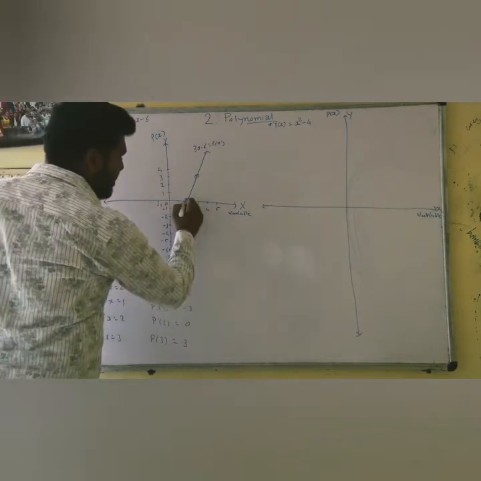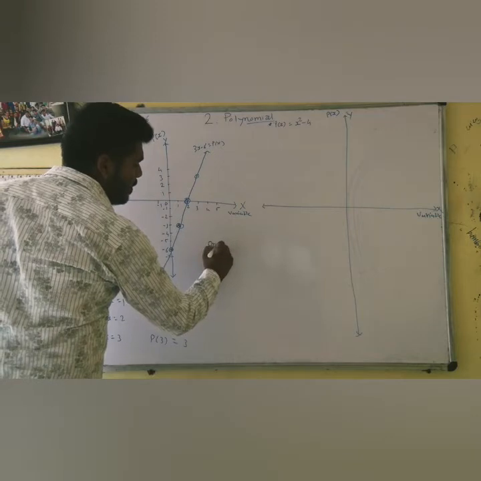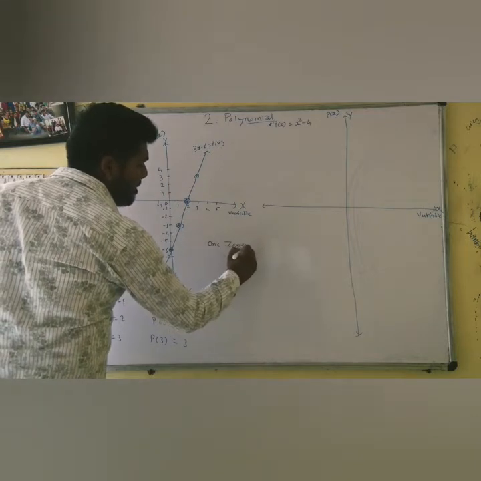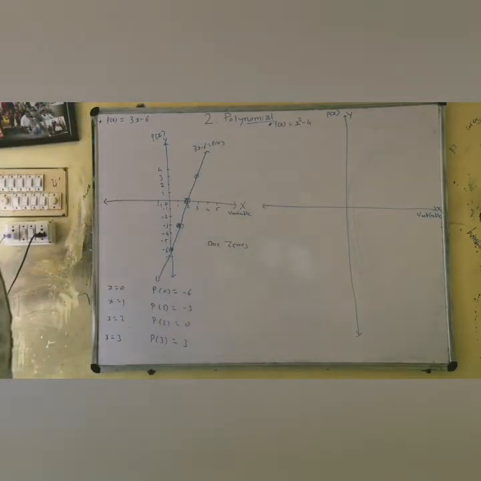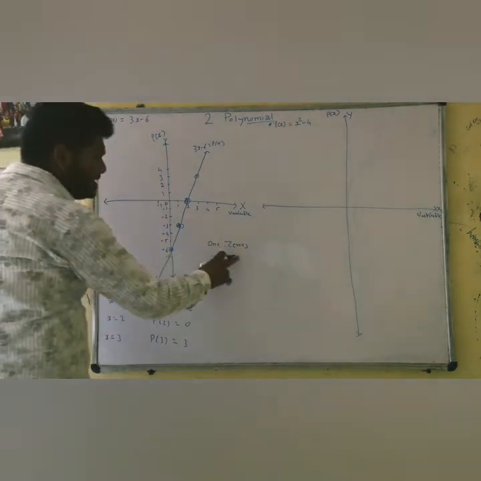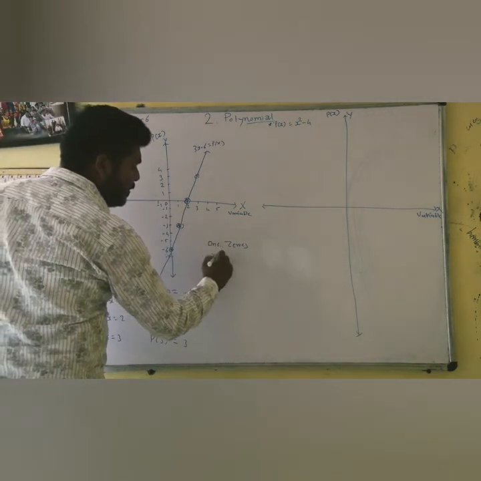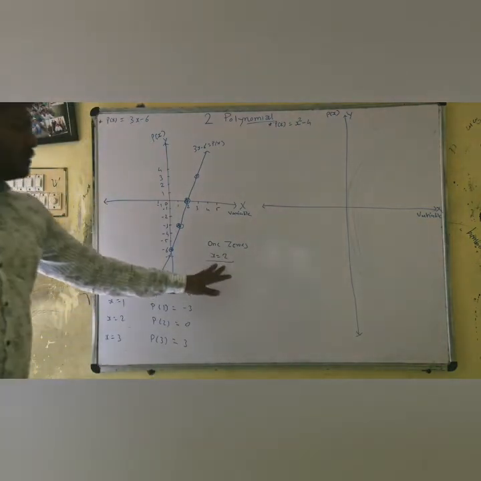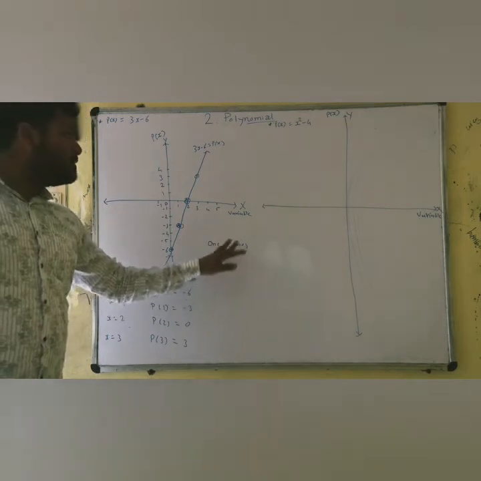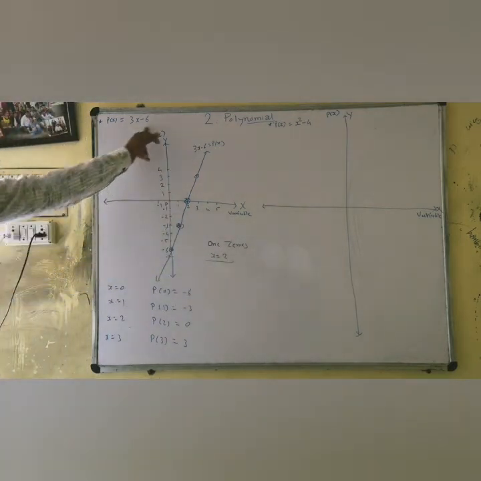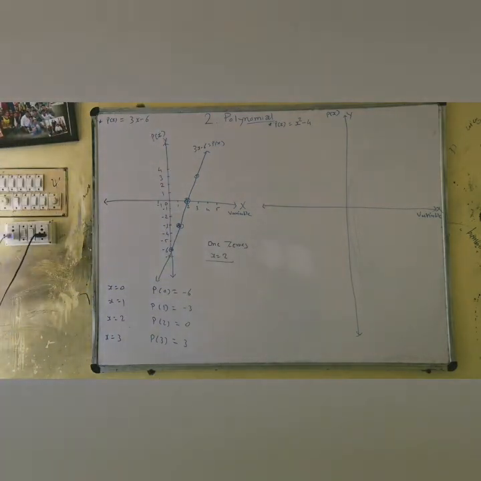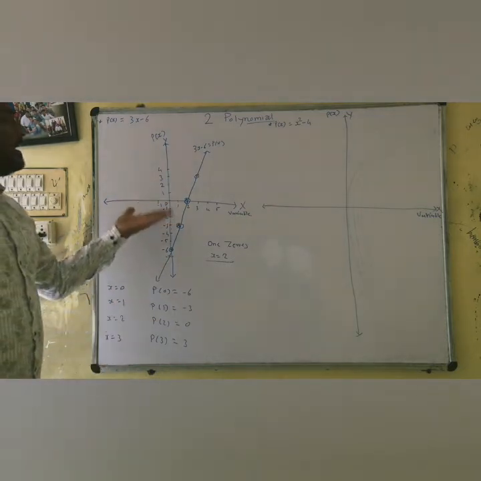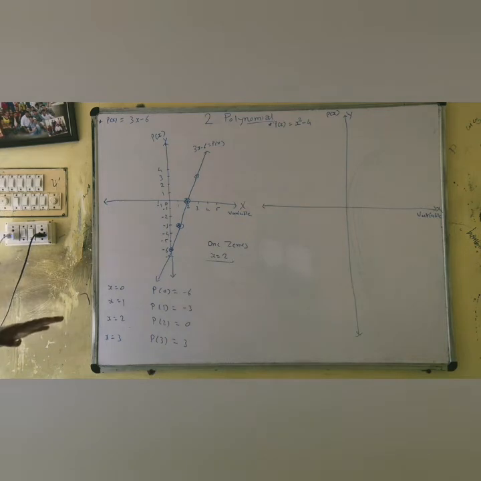Only one zero. This means this polynomial has one zero, and the value of that zero is 2. Understood? So x equals 2 is the only zero of this polynomial. Understood everyone? So by seeing the graph, we can directly say how many zeros there are.